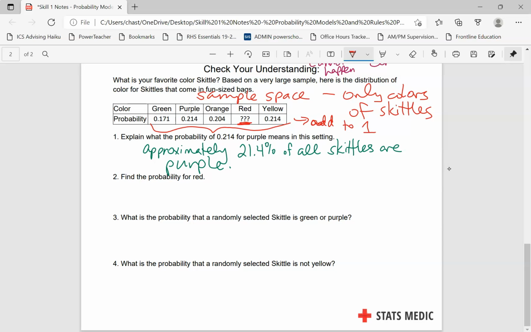And since they have to add to 1, we're going to do 1 minus the sum of the other colors. I'm going to take my calculator just real quick and add up the ones that I know.